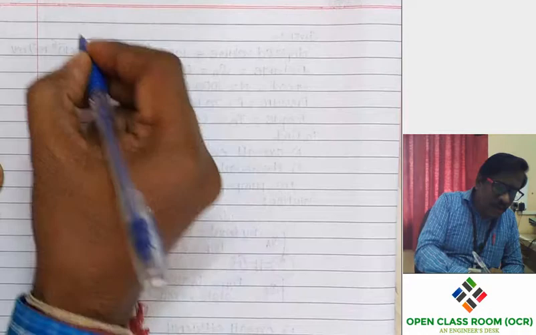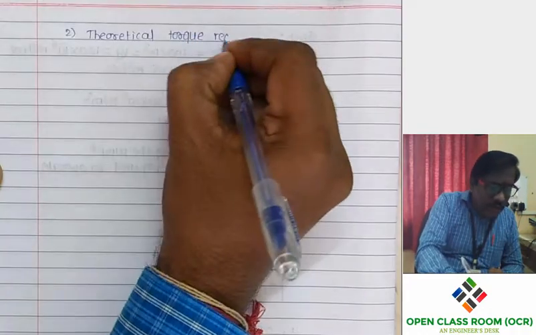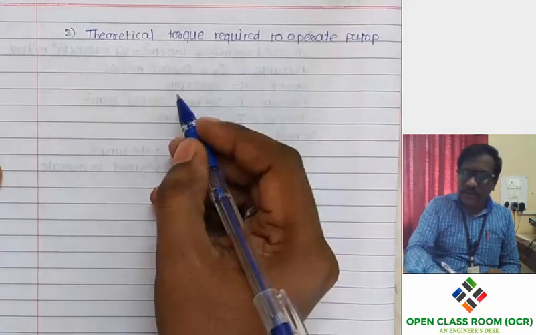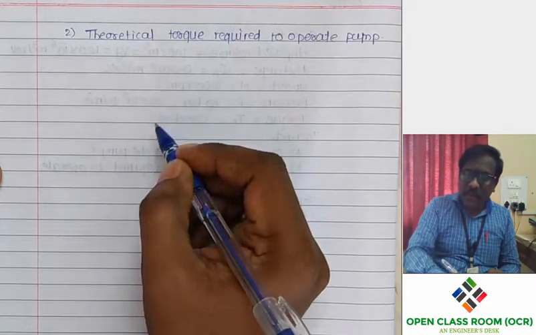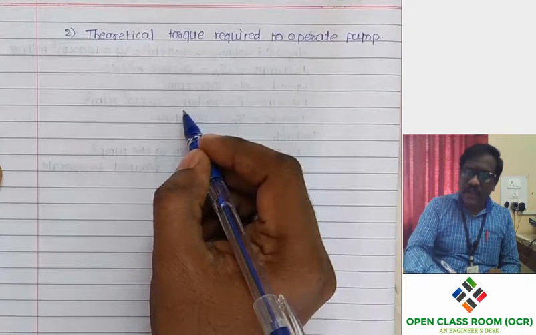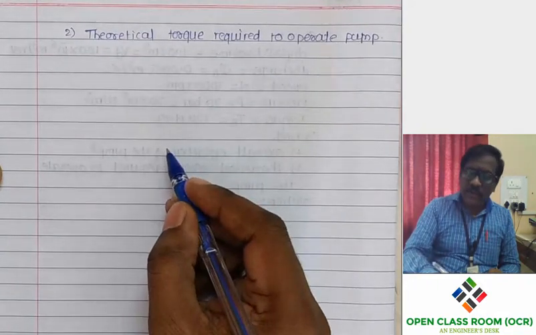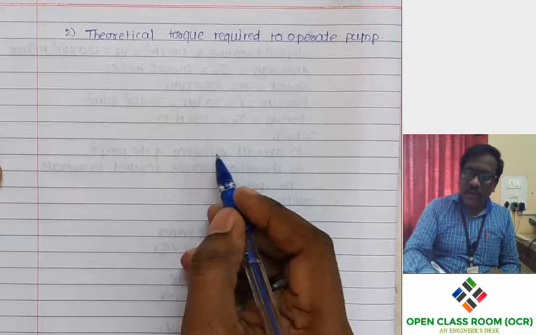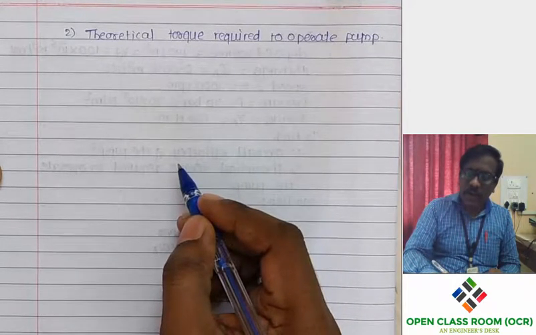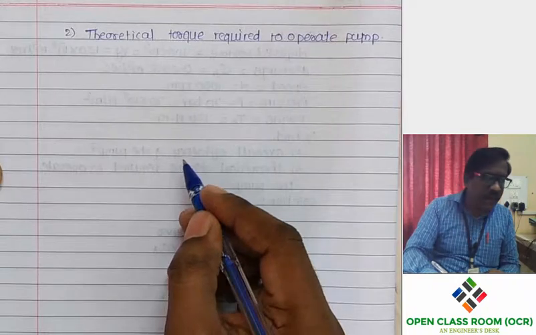Next, to determine the theoretical torque required to operate the pump. There are different ways to determine theoretical torque. One can first determine the theoretical power by knowing the pressure and theoretical discharge, and then we know that theoretical power is equal to theoretical torque times angular velocity. Thus we can find the theoretical torque. Otherwise, we can use a direct formula.